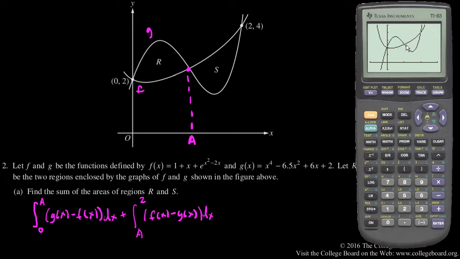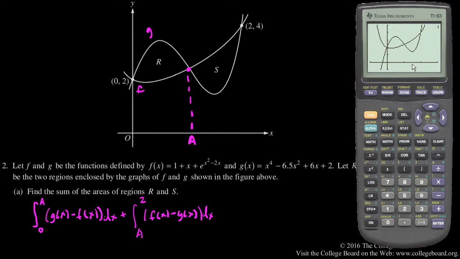Okay, so I'm going to go ahead and find where those two meet. So second calc, intersect. It's already close, so the first curve is f of x. You can see up here it's listed off. Second curve is g of x. The guess, well, that's pretty close.